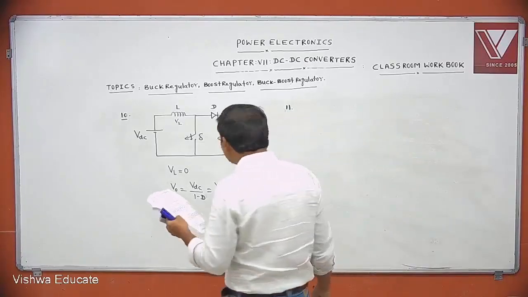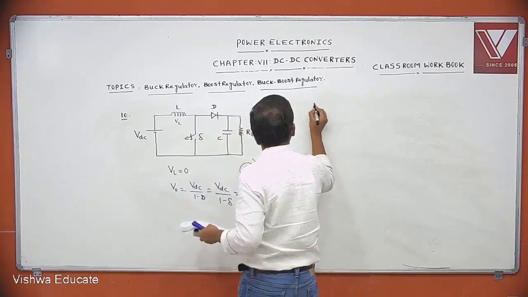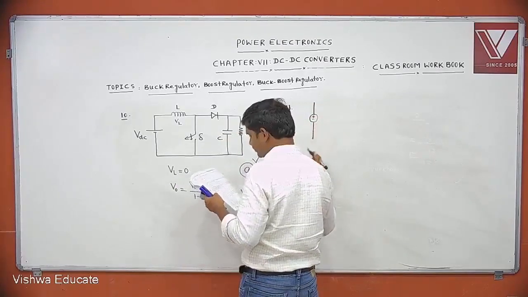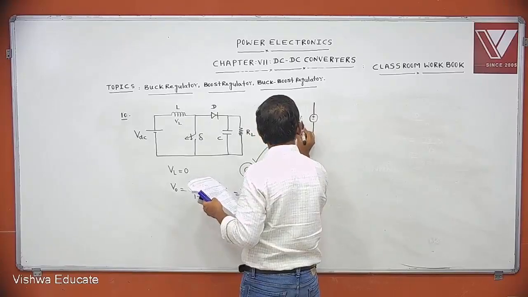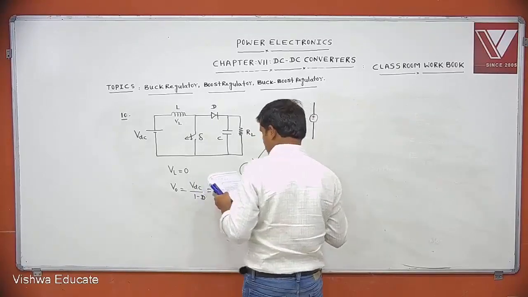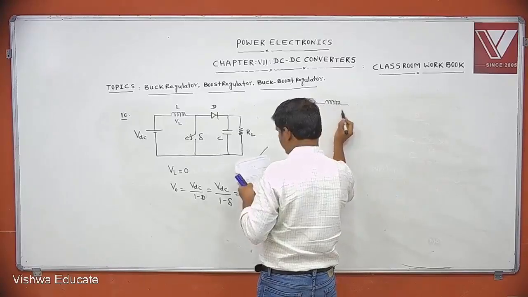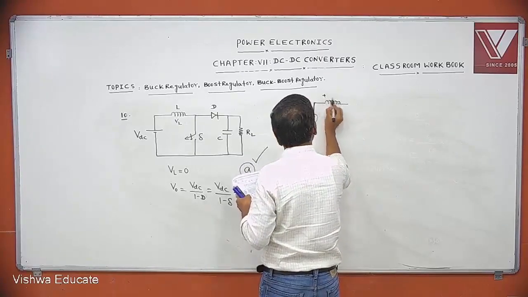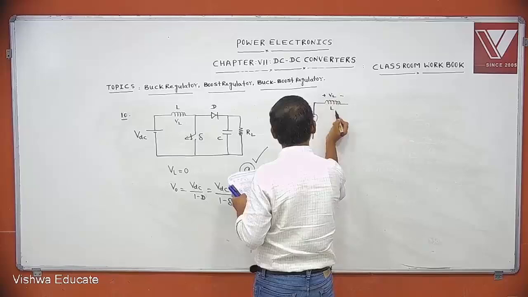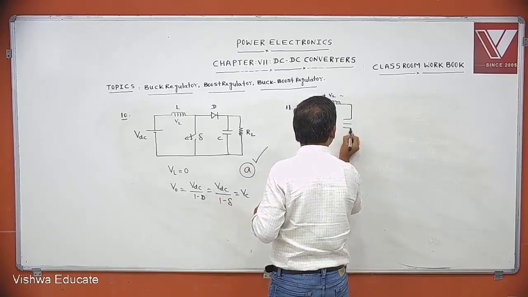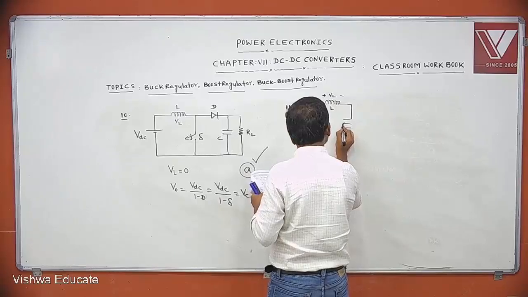See, this is the given circuit. Positive, negative, this is Vin, and this is the inductor, plus minus VL, this is L, and the switch is given like this. Instead of a switch, a MOSFET is used as a switch.